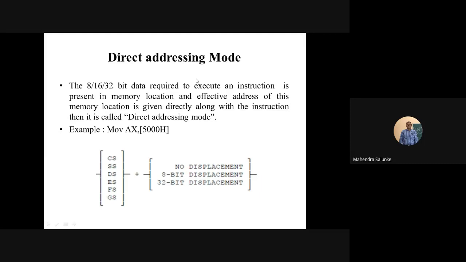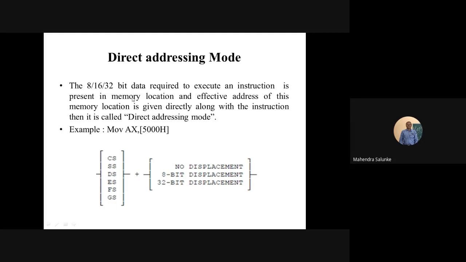Now, in direct addressing mode, we can use 8, 16, or 32-bit data, right? Whatever data we want to use for execution of the instruction is accessed directly by the instruction.